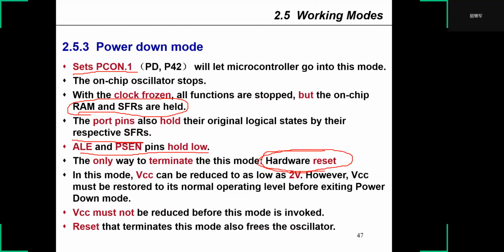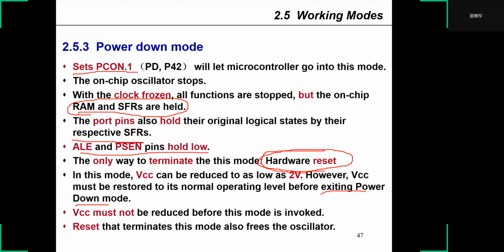In this mode, VCC can be reduced to as low as 2 volts. However, VCC must be restored to its normal operating level before exiting power down mode.